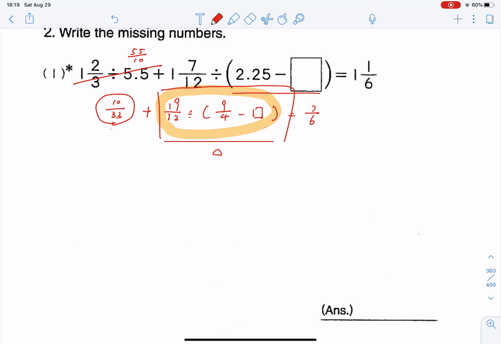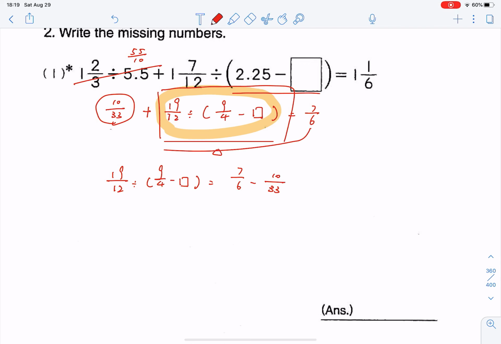So in order for me to do that, 19 over 12 divided by (9 over 4 minus the box) is equal to 7 over 6 minus 10 over 33.